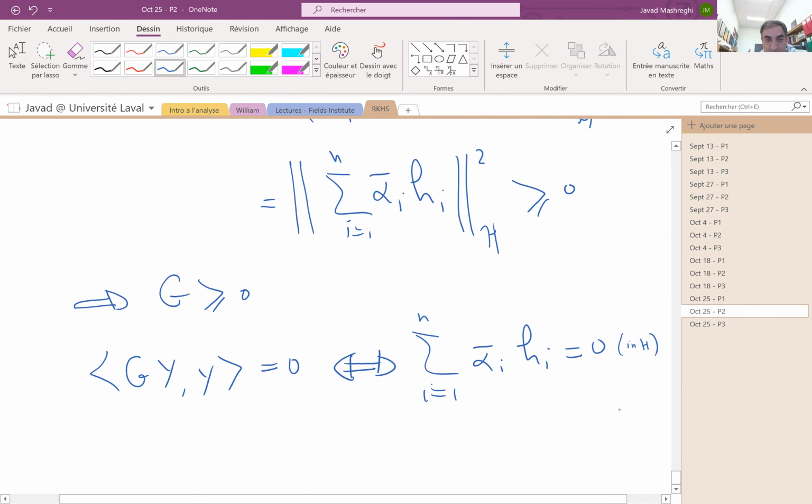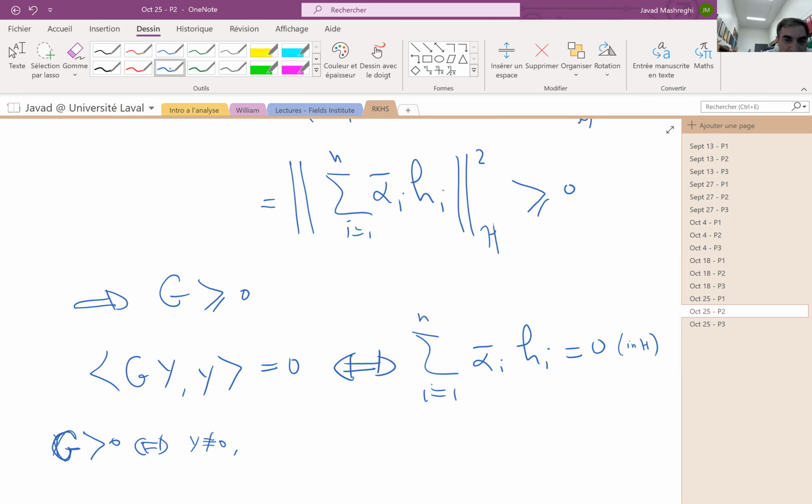And strictly bigger than 0 means, let's recall what G strictly bigger than 0 means. This is equivalent to saying that if y is not identically 0, G of y is strictly bigger than 0.